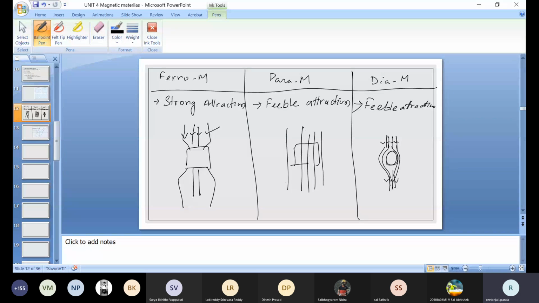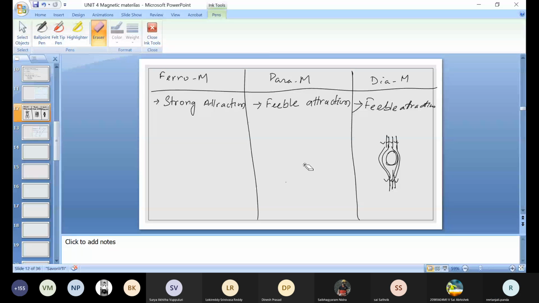So I can write this: the field lines are concentrated at the material in the case of ferromagnetic material, concentrated field lines in material.